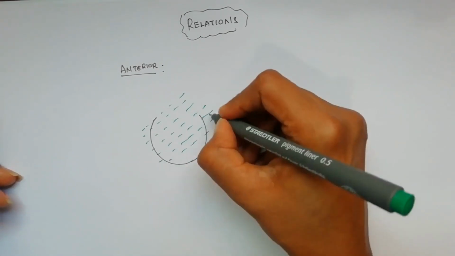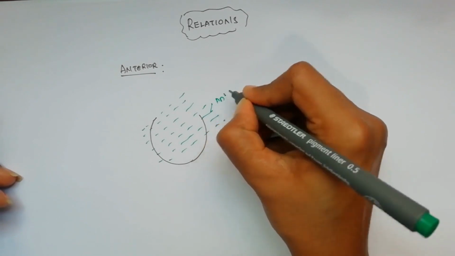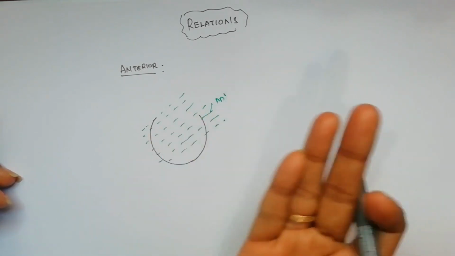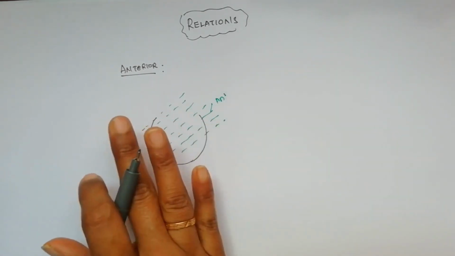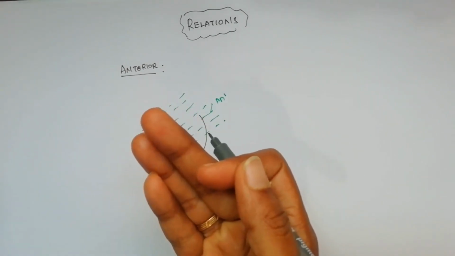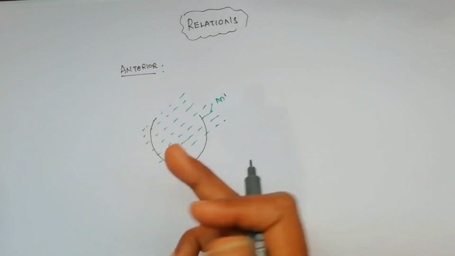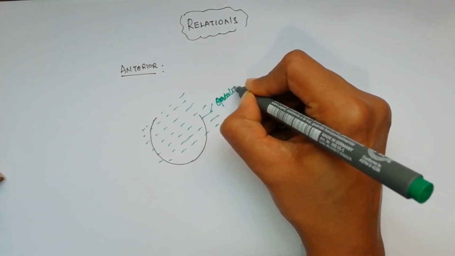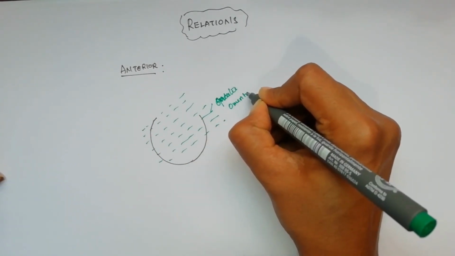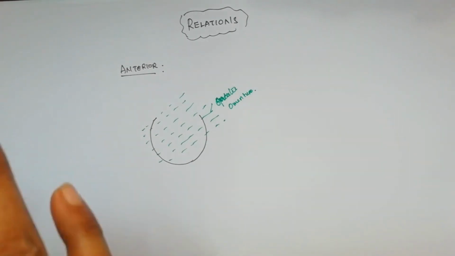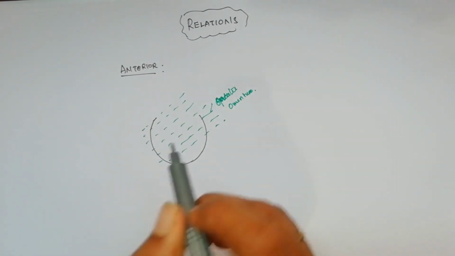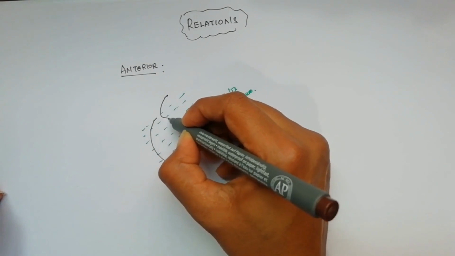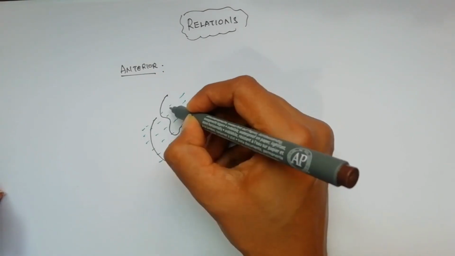Between the anterior abdominal wall and the cecum we have the greater omentum placed. And then some coils of small intestine will also be related over here while the cecum is empty.